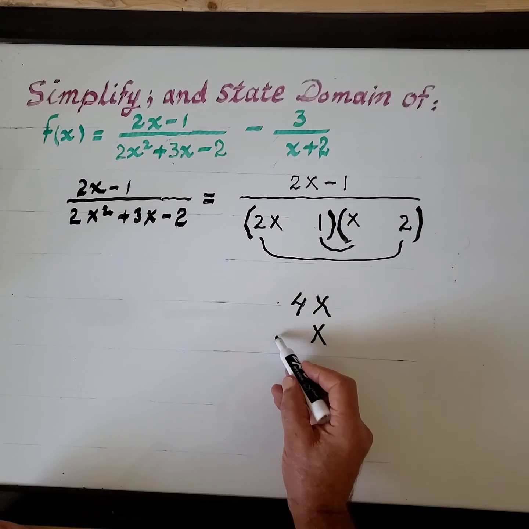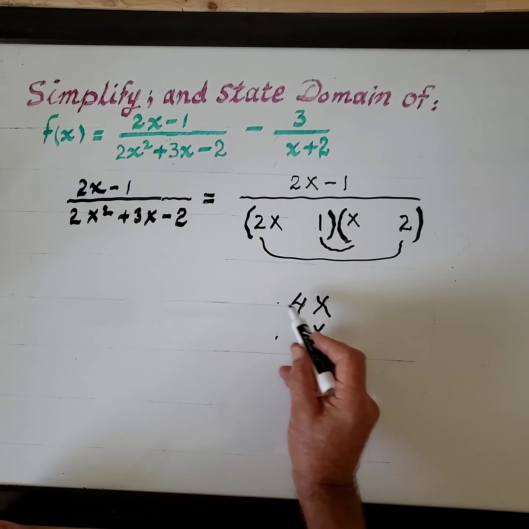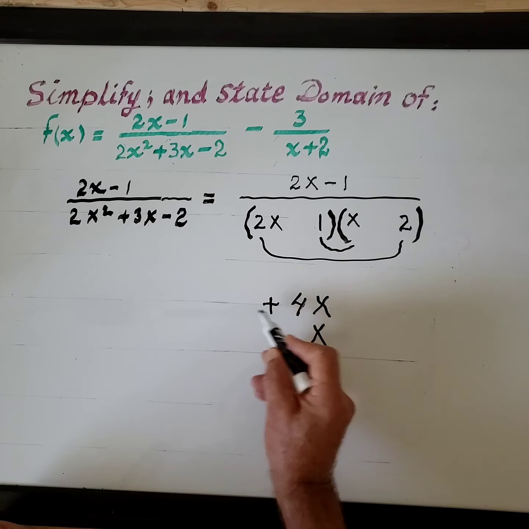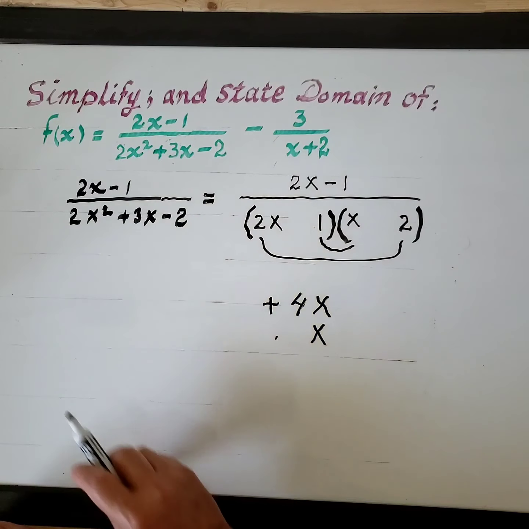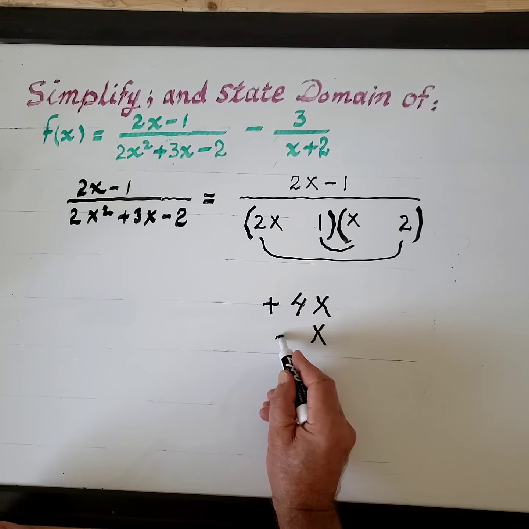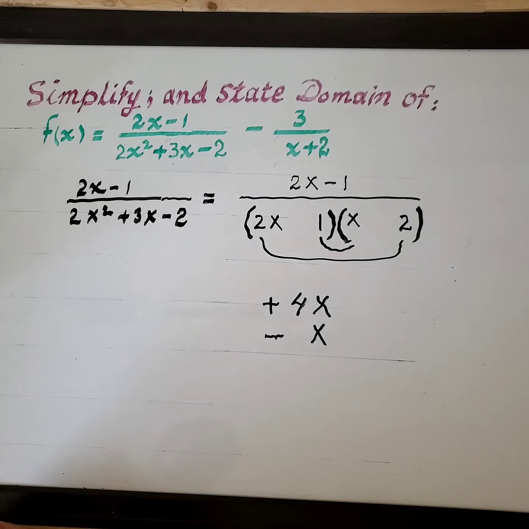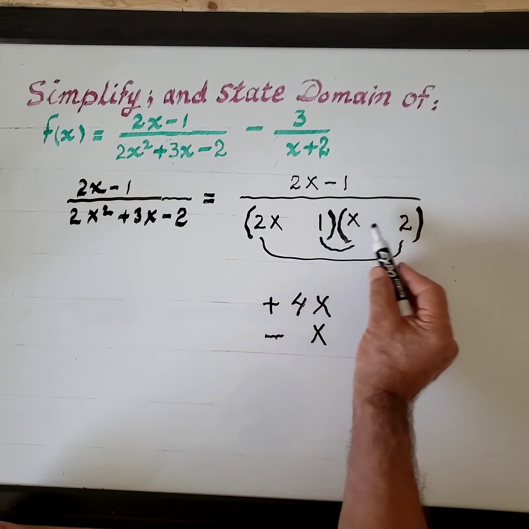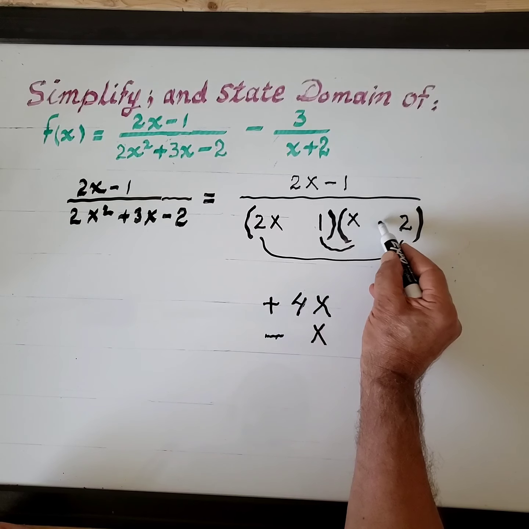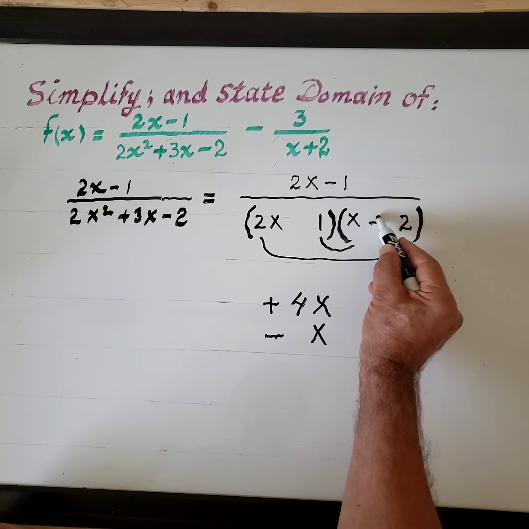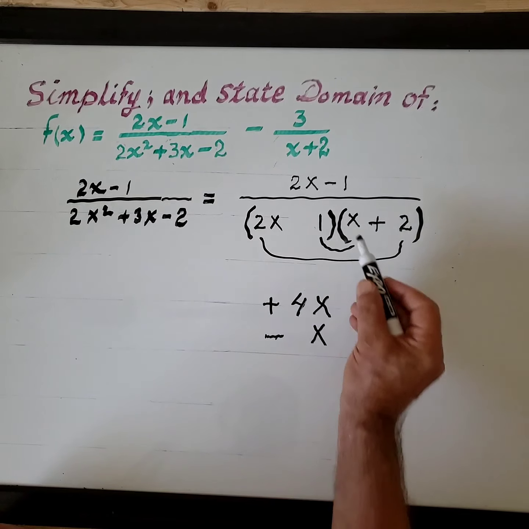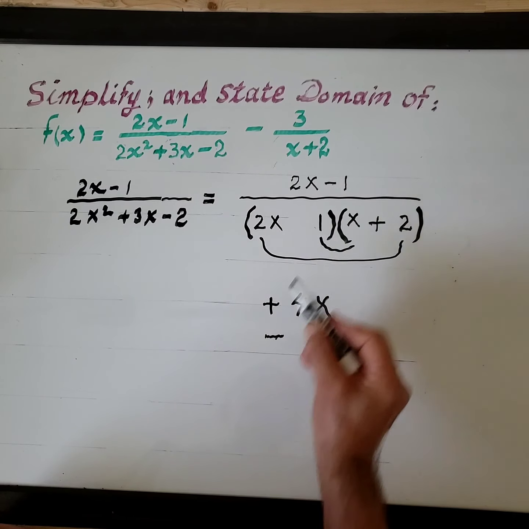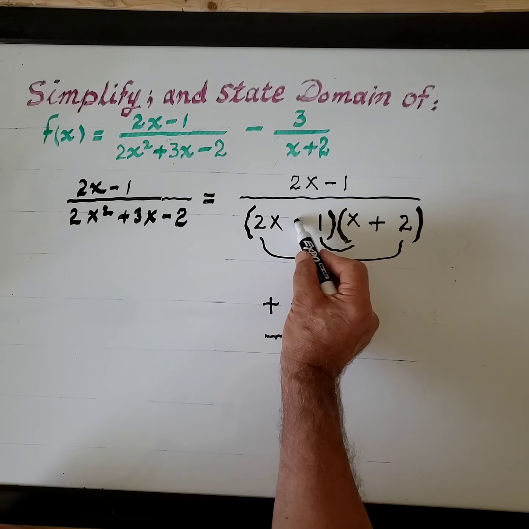So the bigger here is 4x. I'll give 4x the middle sign, and the other will be the opposite. So the sign for 4x will be positive, I put it here. And the sign for 1x will be negative, I put it here.